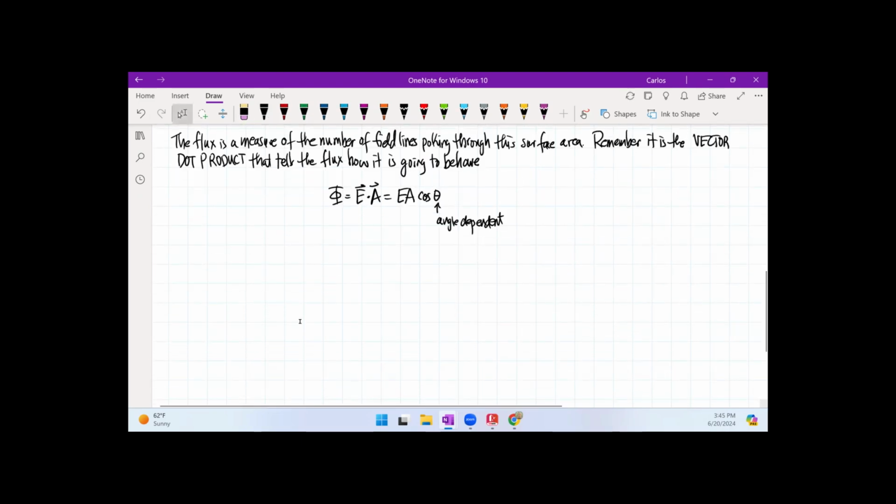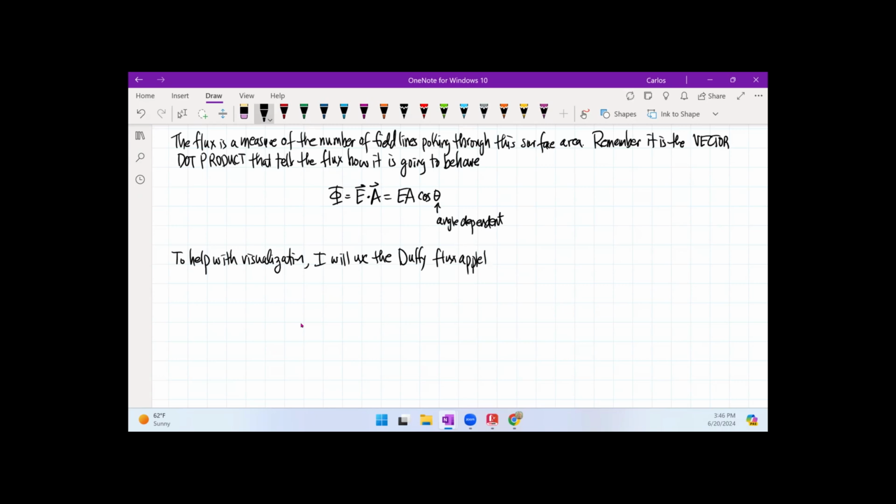So what I'm going to do here is that to help with the visualization, I will use the Duffy Flux app as a guide.